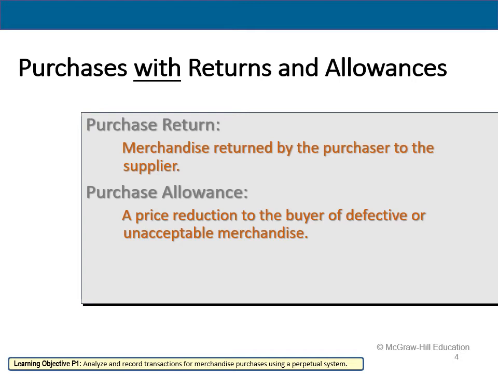Both purchase allowances and returns are contra revenue accounts. If you remember that term contra, it means opposite. So revenue has a normal credit balance. Purchase returns and purchase allowances would have a normal debit balance. And of course, we subtract that from revenues to get to net sales when we are making our income statement.